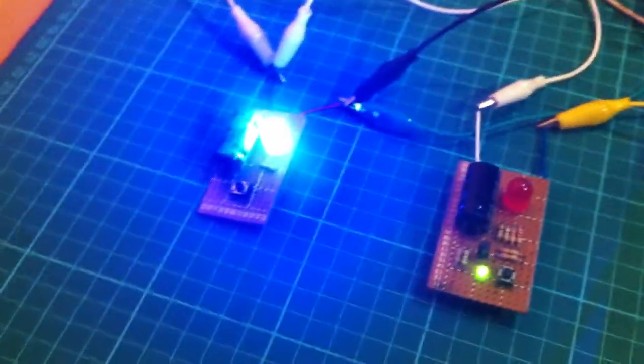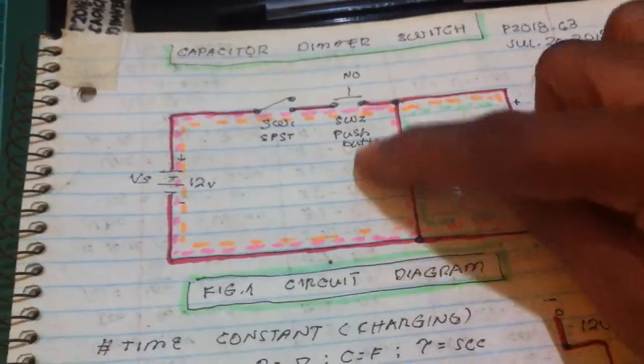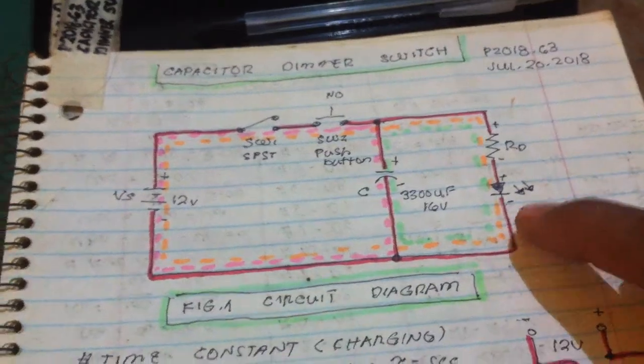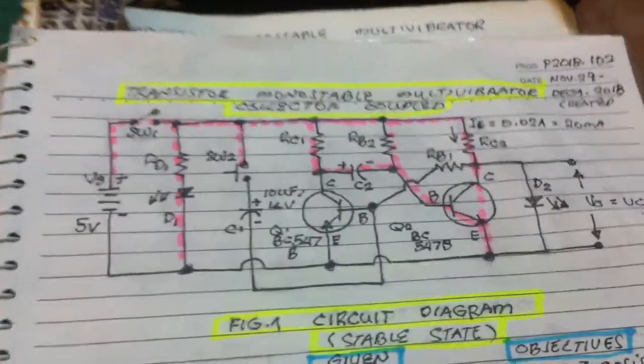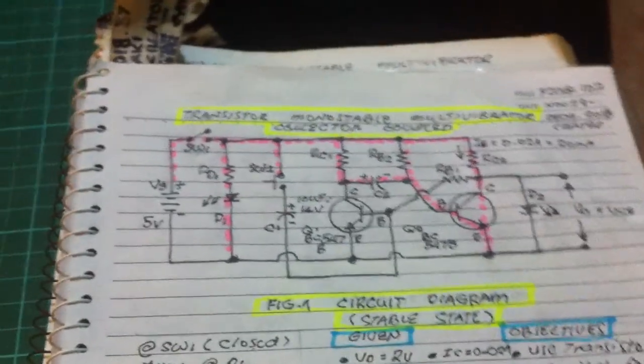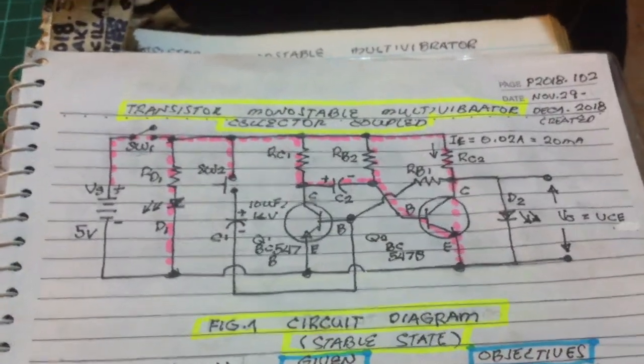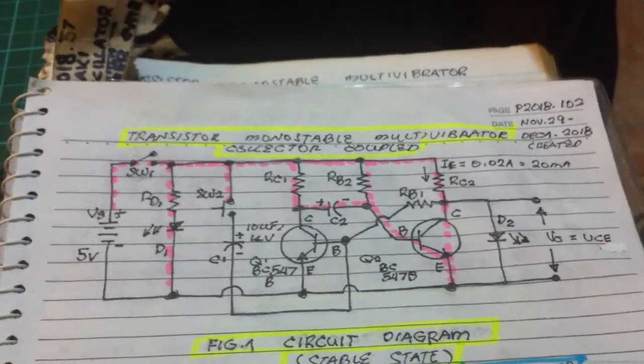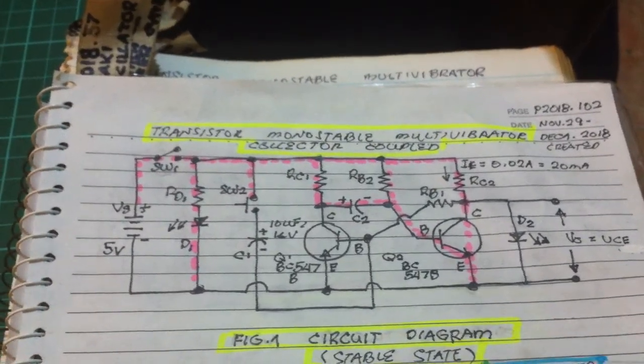Every time you push the switch here, the capacitor is charging and slowly discharging to the LED. All of these four circuits have the capability of controlling the light of the LED. But we are here with the multivibrator transistor, collector coupled.